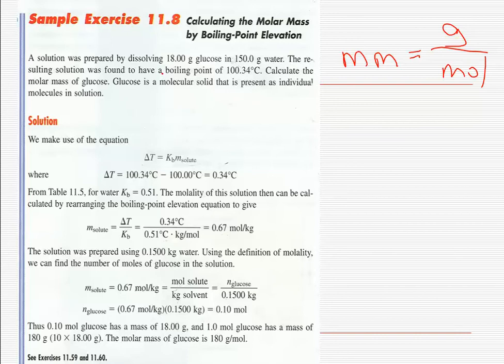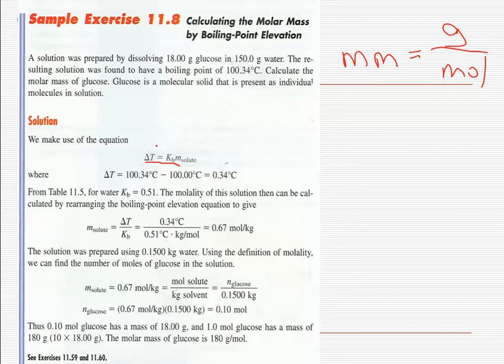It doesn't say anything in here about moles, so we need to hunt down the moles, and then we'll be able to divide the two, get the molar mass. Keeping in mind that it says we have a new boiling point, so this is talking about boiling point elevation. We're going to look at this number and recognize that from this and knowing the boiling point of pure water, we can find that boiling point elevation, and that means we can utilize this equation right here.